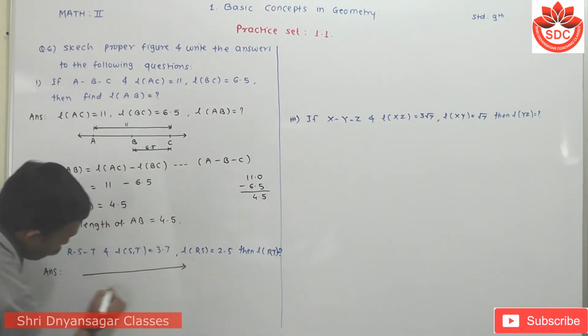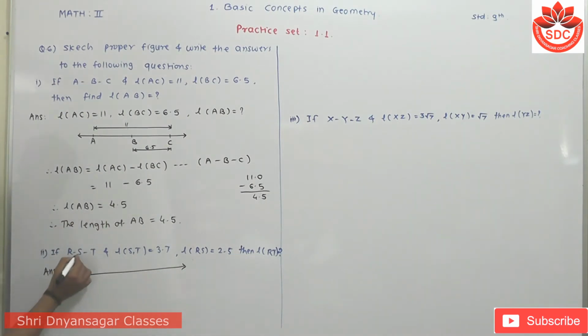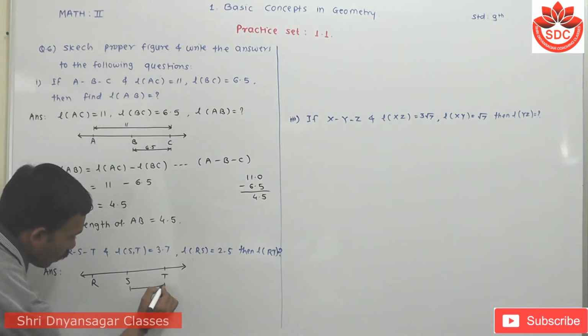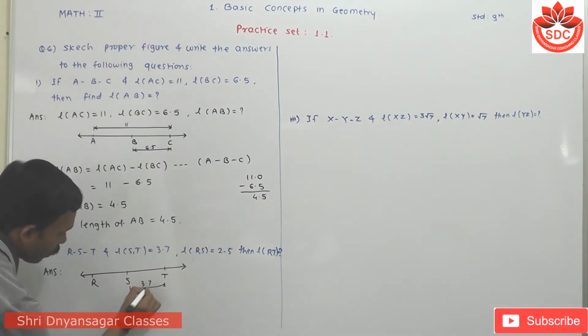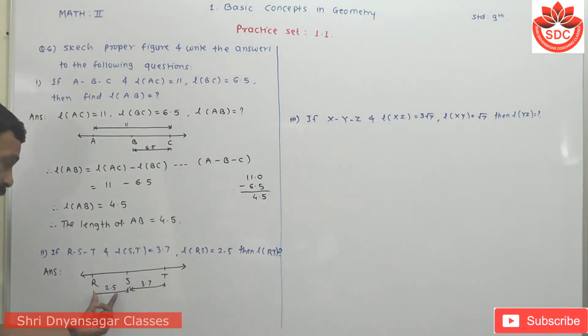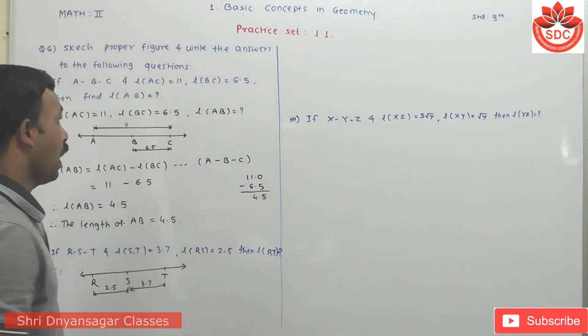Now look carefully, S is in between R and T. The distance of ST is 3.7. Then distance of RS is 2.5. Therefore, by using the in-betweenness property, RS plus ST is equal to RT. We have to find out RT.